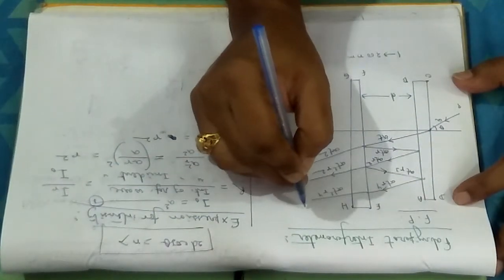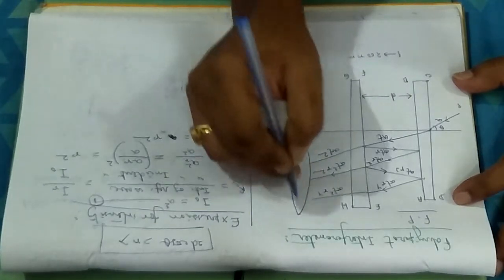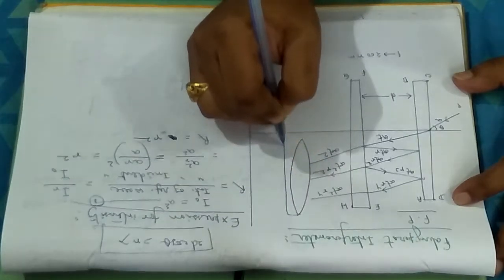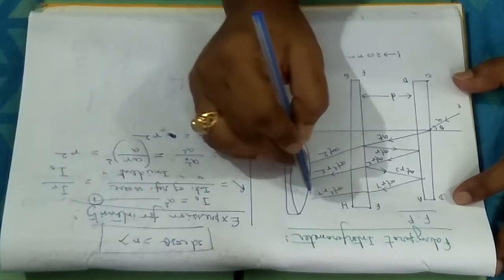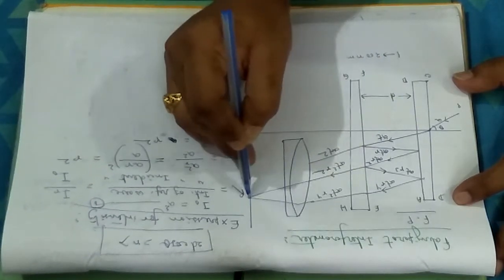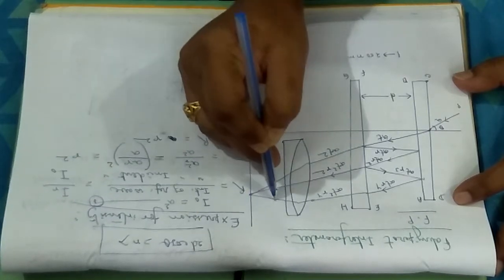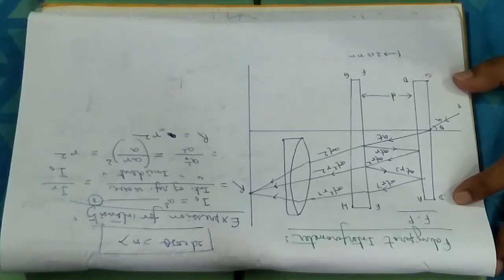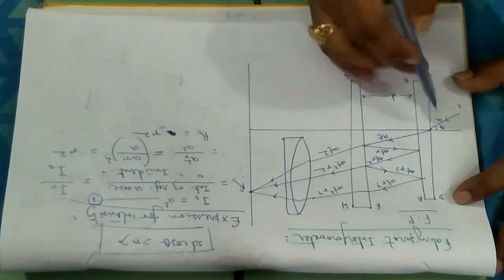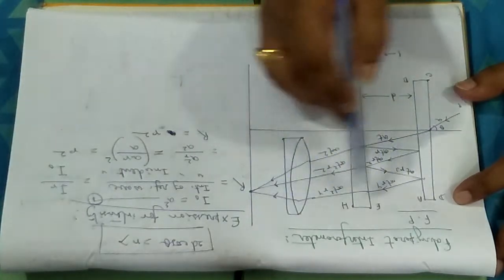In this position you are placing one plano-convex lens to converge the rays on the screen. If the rays are converged on the screen, you will expect an interference fringe pattern, because these rays are divided from one single ray after multiple reflection and transmission.